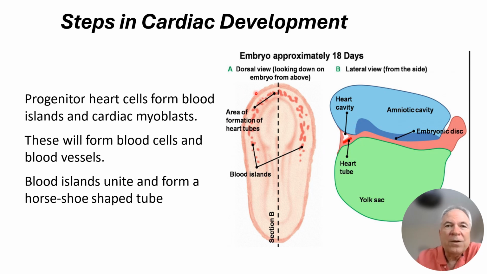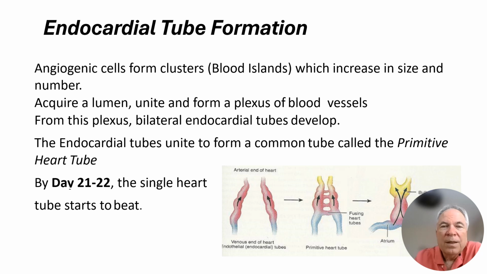And then within the heart tube, you have these blood islands that are forming, and these are going to form blood vessels and cells. And they form a horseshoe-shaped tube. And there's another picture of it. These cells form blood islands. They increase in size and number, and eventually they have a lumen, or an opening, and they form a plexus of blood vessels.